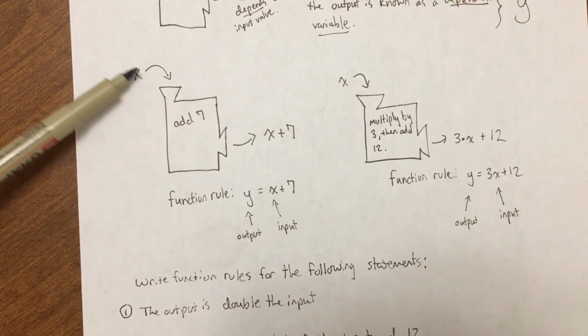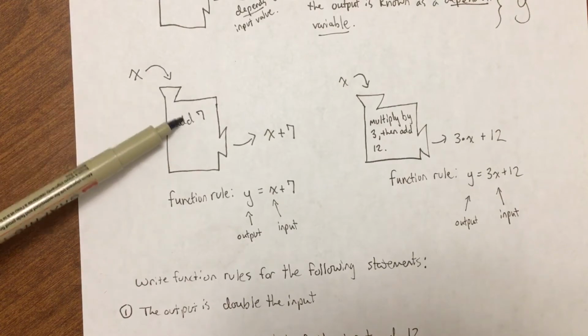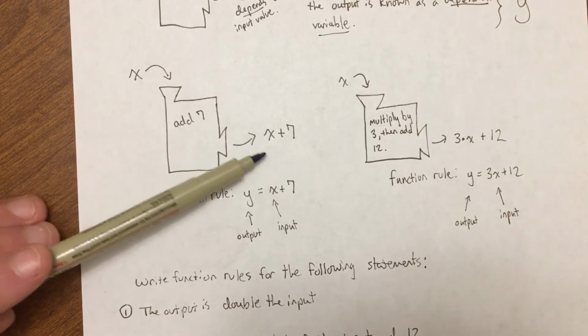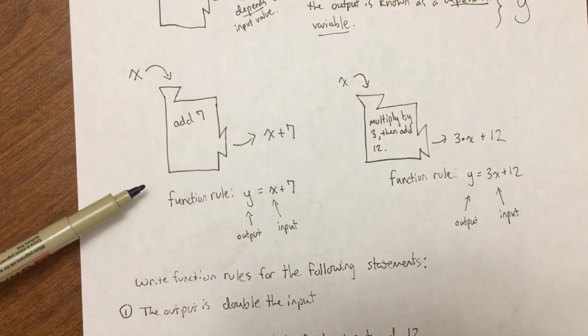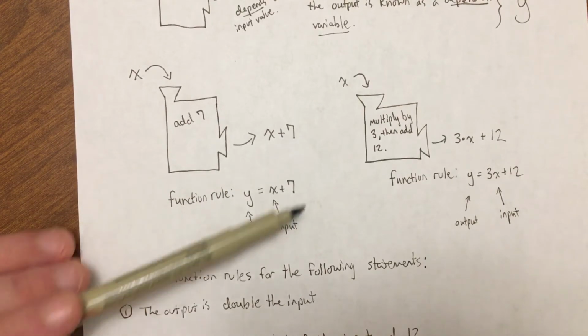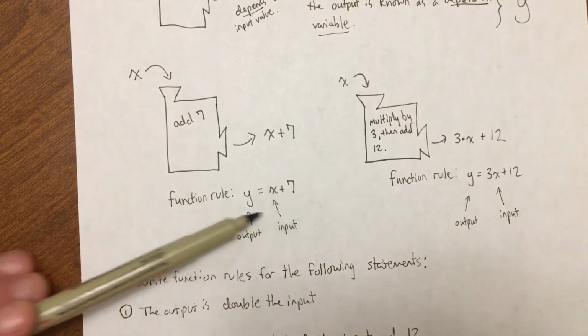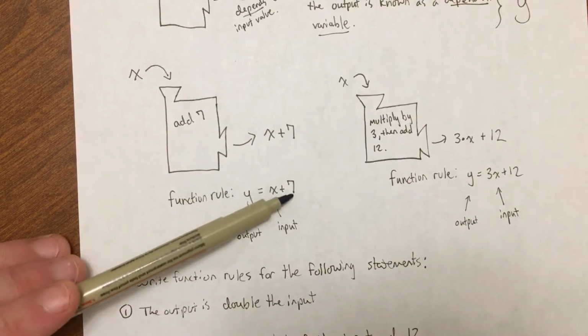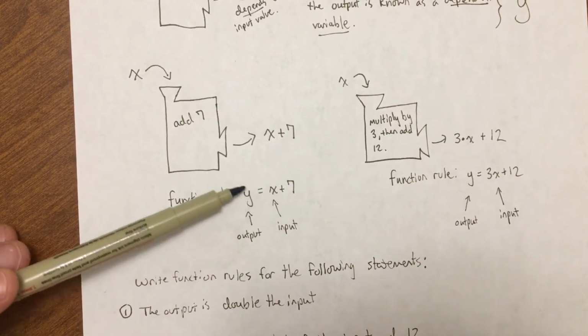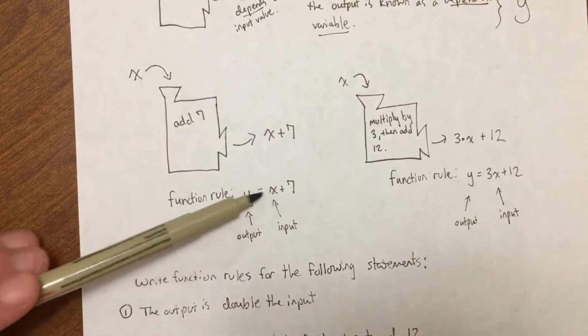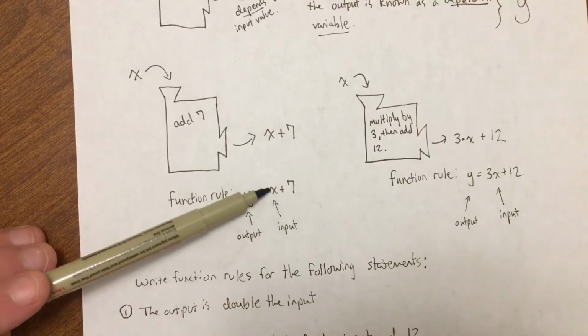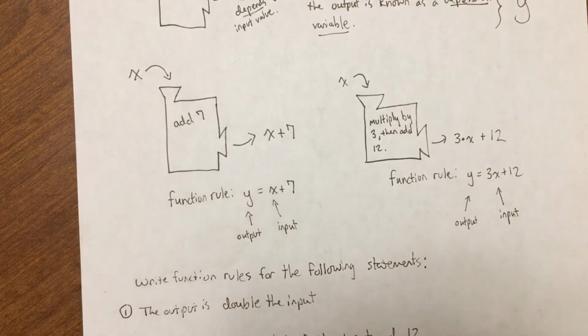Well, since we don't know what x is, then we can represent that as the algebraic expression x plus 7. So your function rule, if you were to write it out algebraically, would look like this: y equals x plus 7. So again, y is your dependent variable, it's the output, and the output is equal to x plus 7.